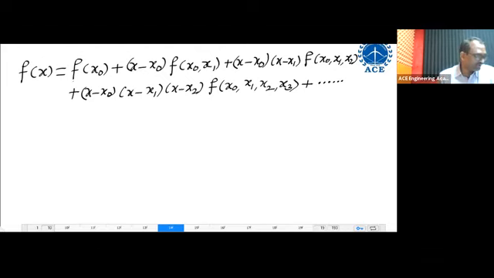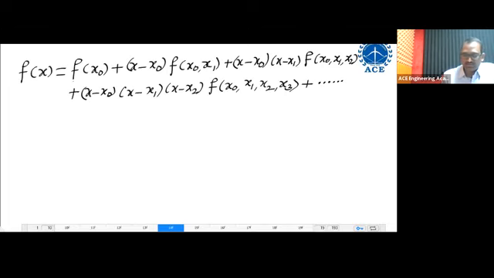Now please draw the table, everyone. How to find all these values, I will teach you right now.